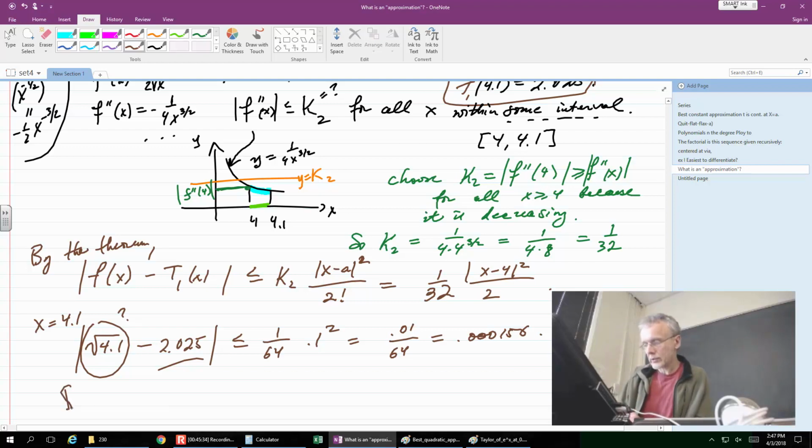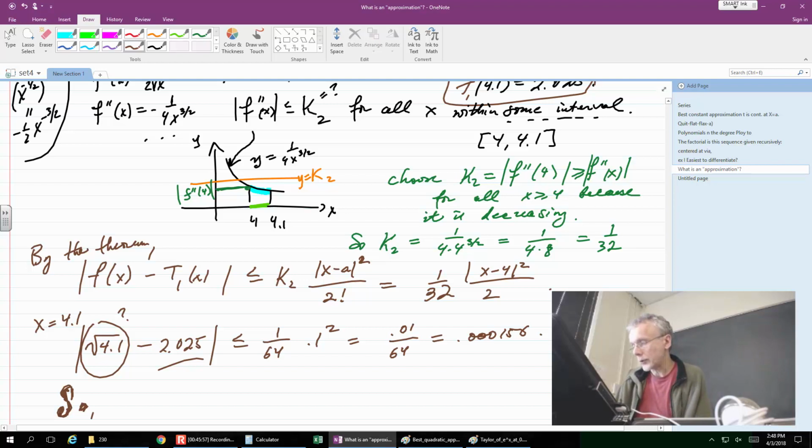So what do we provide now? What do we send to the boss? This is the last computation, so what's the answer? Plus or minus this number.